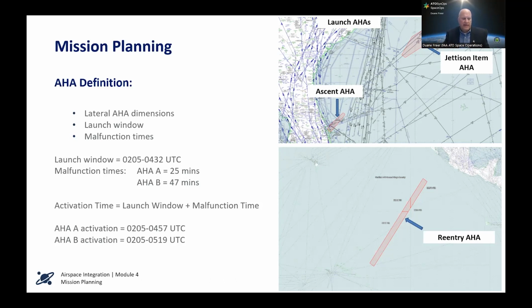So the full time for that hazard area activation is the launch window, in addition to that debris fall time, that maximum debris fall time that would be required if there was a malfunction. So that is the complete time that air traffic has to block that airspace, even in the event of a malfunction. And defining those times is key, because now we've got both a start time and end time.